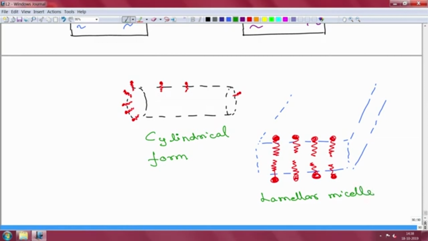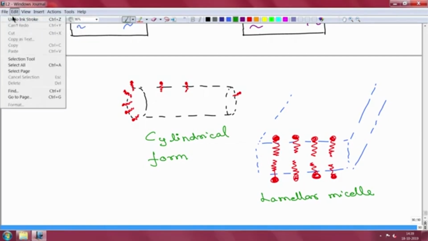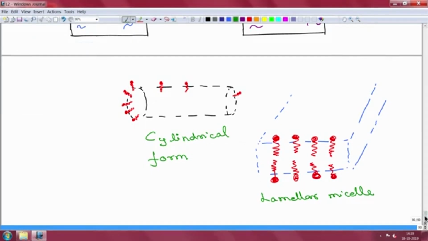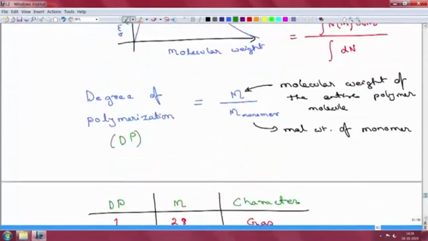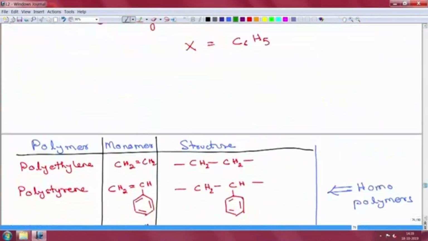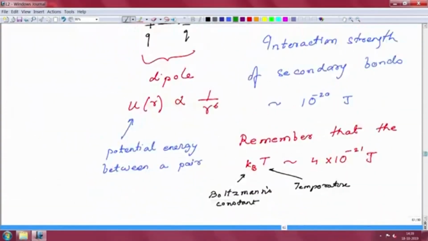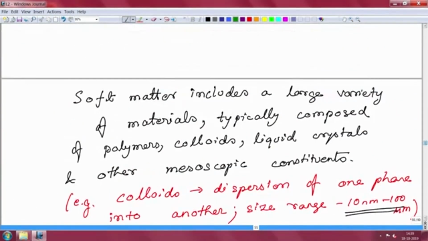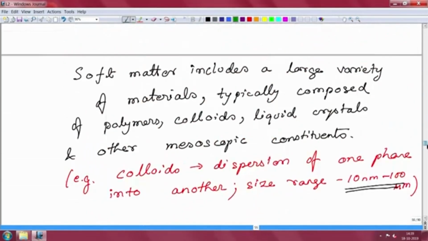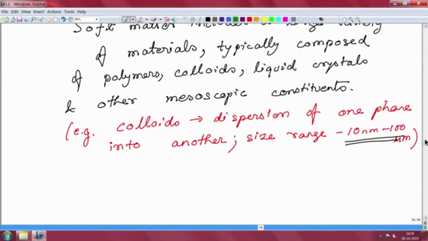Surfactants do fall under the category of colloids, and as we had discussed in the definition of colloids, the size range is usually between 1 nanometer and 100 microns.